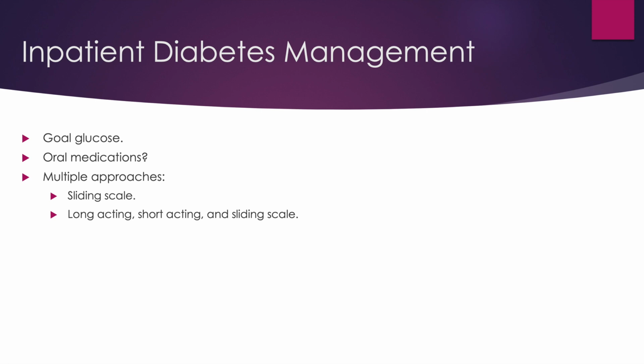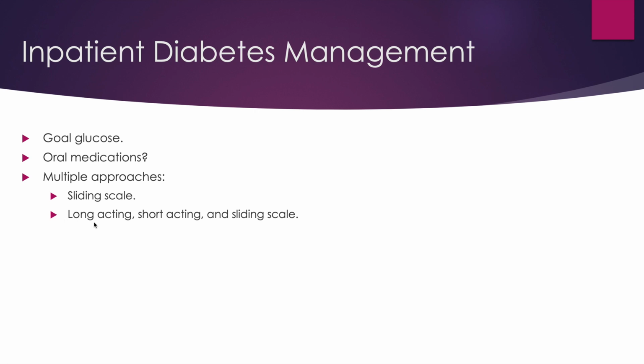At my hospital, the nurses would give the short acting insulin only if a patient has eaten 50% of their meal. How much insulin to give for the short acting dose, you decide. And what insulin to use, you decide, any of the short acting insulins. Again, you can use aspart, you can use lispro, you can even use regular insulin. Usually the hospitals have some recommendation based on what's available to the pharmacy.